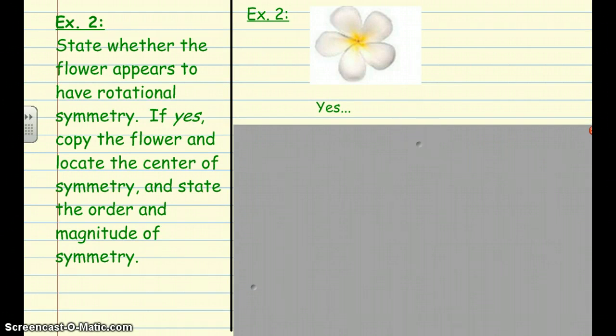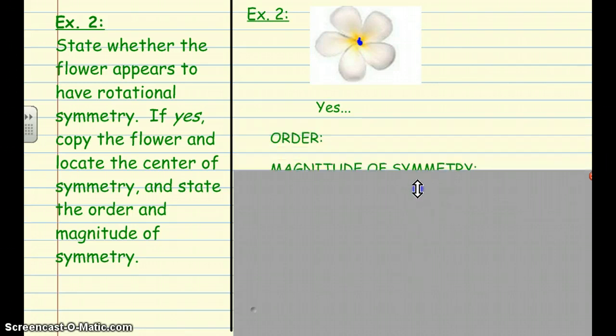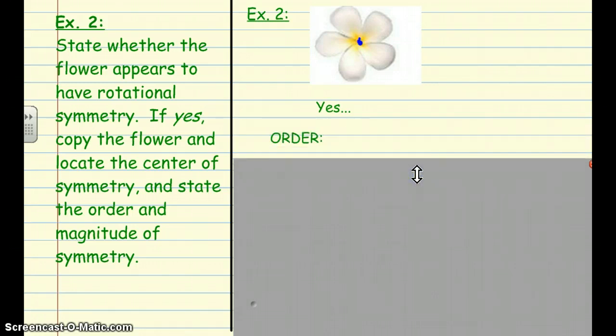So the first thing that we want to do is indicate where that center is. Okay, and there is our center of symmetry. Then the next thing that we want to do is state the order of that symmetry. And again, in this case, the order has to do with where we can rotate that through.